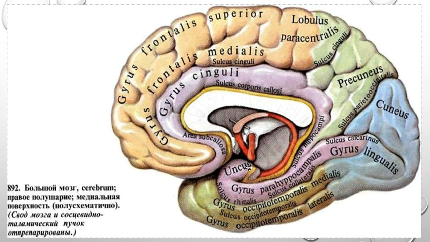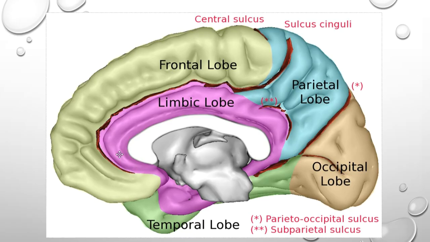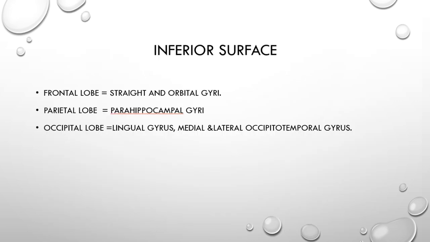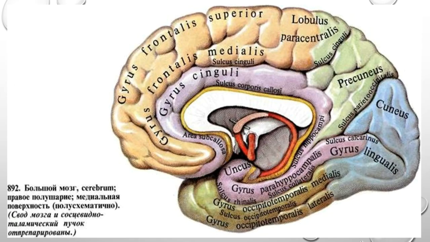We can see here the uncus, the parahippocampal gyrus, and the related cingulate gyrus with the isthmus form the limbic lobe. This violet portion is known as the limbic lobe. And the lingual gyrus.